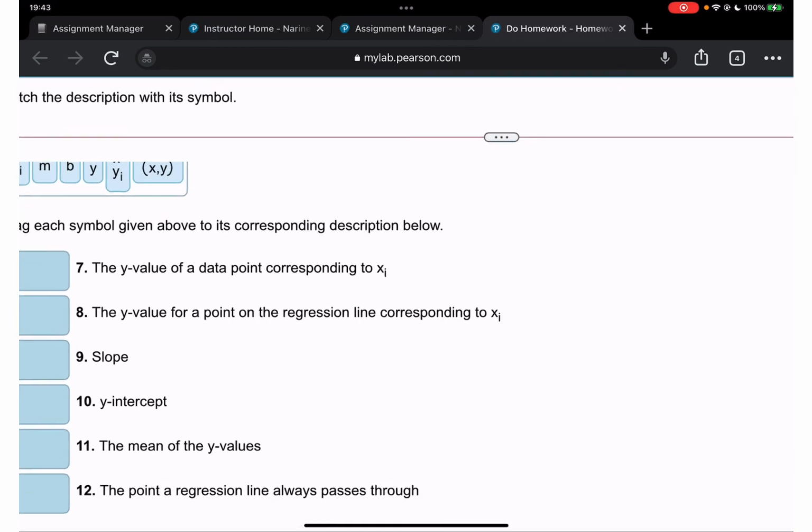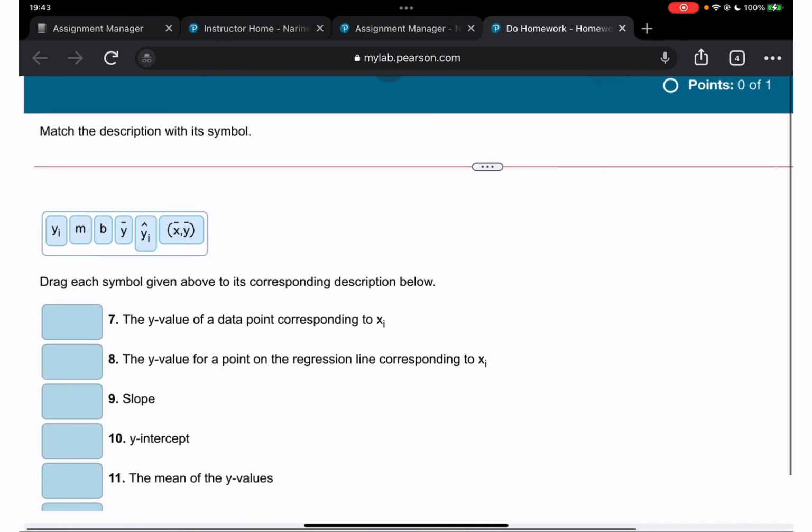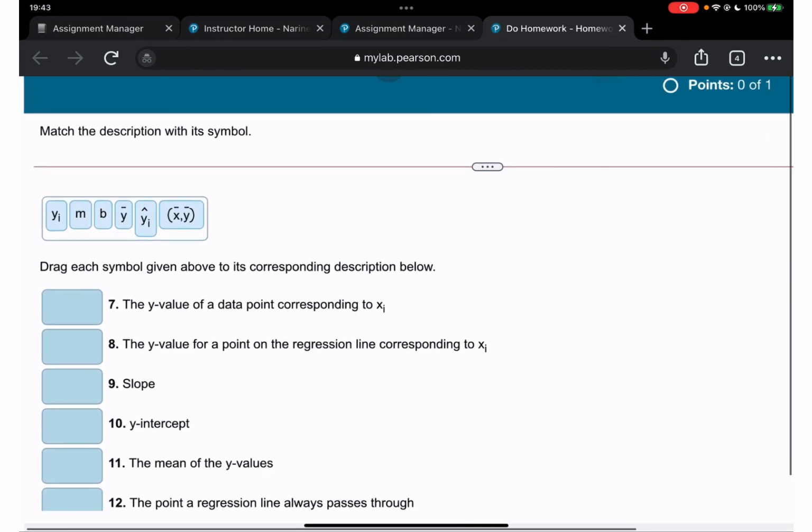Now here we need to match up the data. Drag each symbol given to the corresponding description below. The y value of the data point corresponding to x is going to be yi, this one.